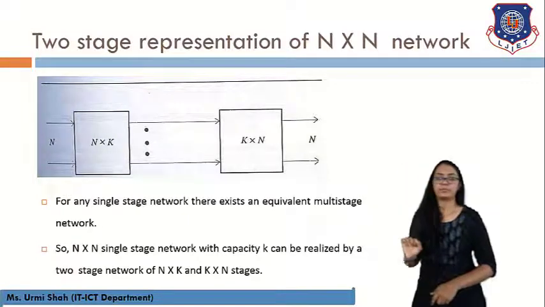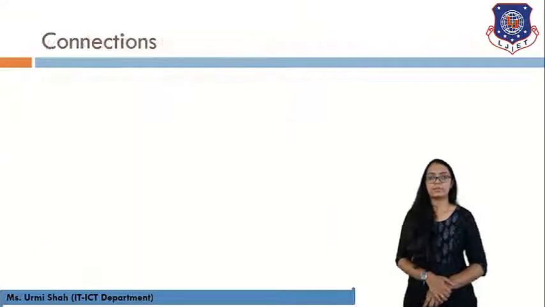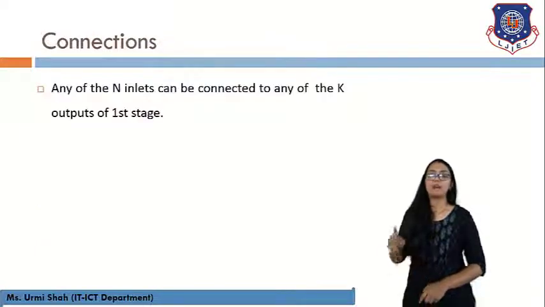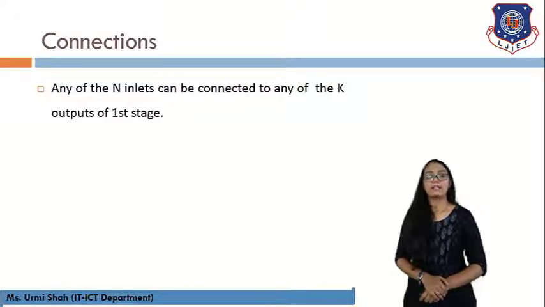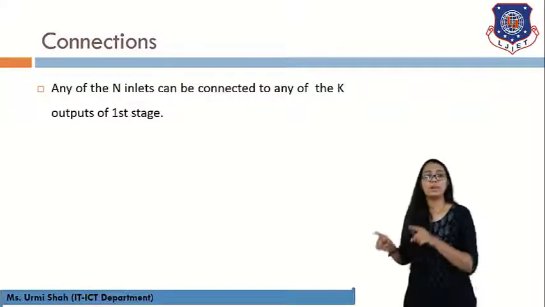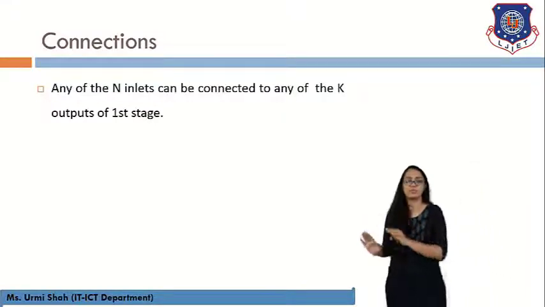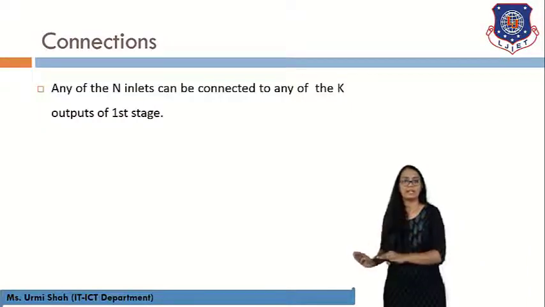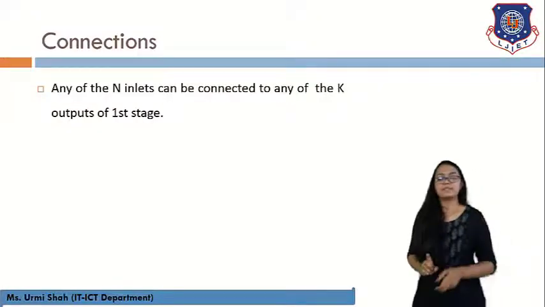If you have two stages, then between input and output there will be two stages before the output is generated. Next, let's understand the different representations and how you will connect your inputs and your stage network elements. Any of the N inlets can be connected to any of the K outputs of the first stage. So whatever number of inputs you have on the input side, any of them can be connected to any output of the K block of the first stage.